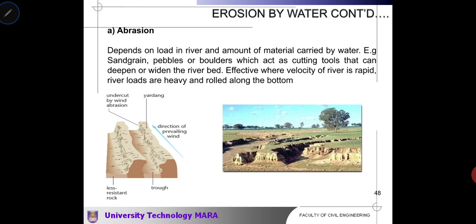So you have very fierce erosion when you have a very high river velocity, and the river has boulders and pebbles that can cut through the riverbed.